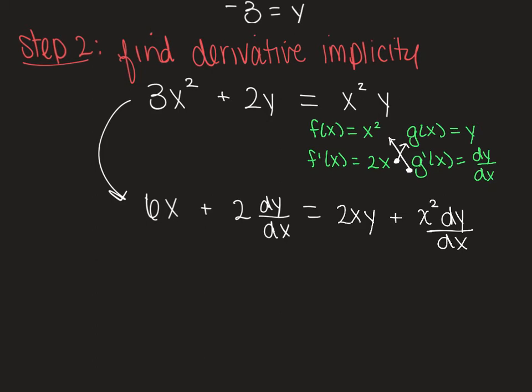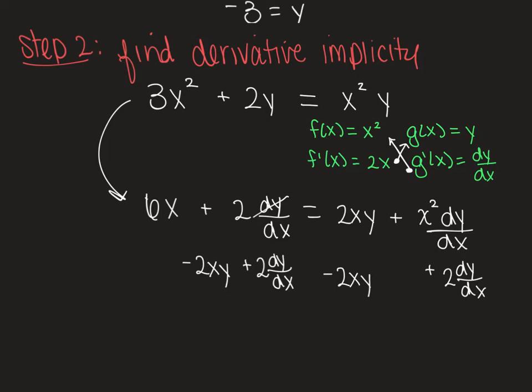Now we just need all terms that have dy dx on one side and all terms that don't have it on the other. So I'm going to subtract a 2xy on both sides. I'll also subtract a 2 dy dx on both sides. Oh, I should be subtracting that.